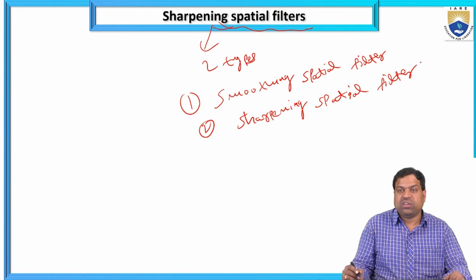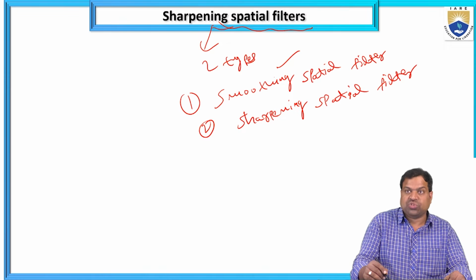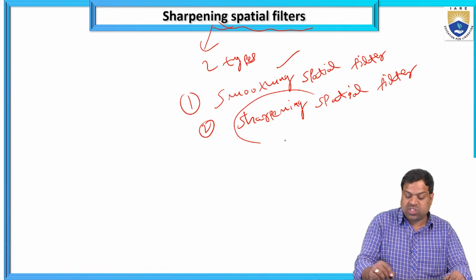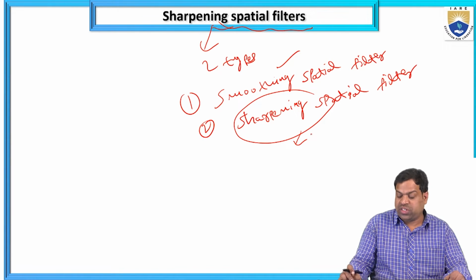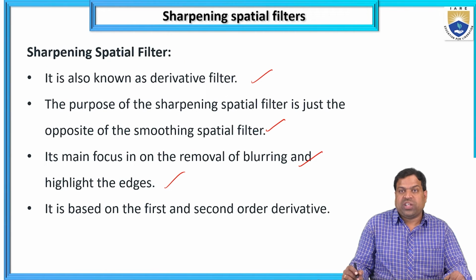In the previous session we discussed the smoothing spatial filter. Today we are discussing the sharpening spatial filter, also known as a derivative filter. Its purpose is just the opposite of the smoothing spatial filter, and its main focus is removal of blurring and highlighting the edges. It is based on the second order and first order derivatives.